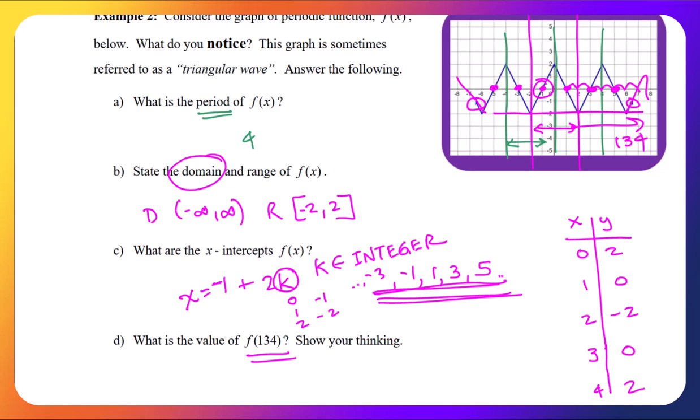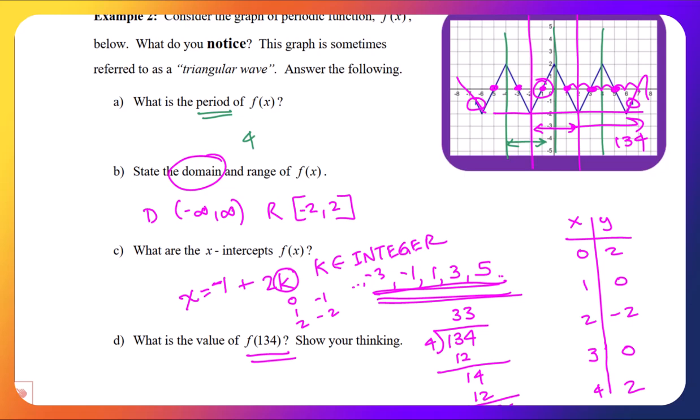I have an idea. Let's take 134 and divide by 4. 4 goes into 13 3 times. 3 times 4 is 12. Subtract, bring down. 4 goes into 14 3 times. 3 times 4 is 12.